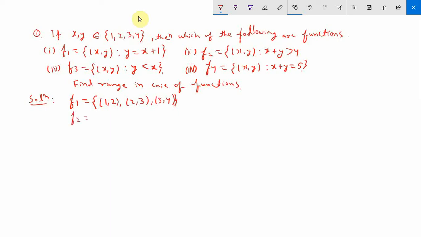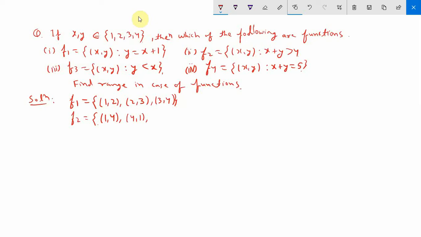Then f2 equal to xy such that x plus y is greater than 4. If we consider 1, then to be greater than 4, it should be ordered with 4 only, because 1 plus 3 will give only 4 and 1 plus 4 will be greater than 4. So 1, 4, then we may also have 4, 1.